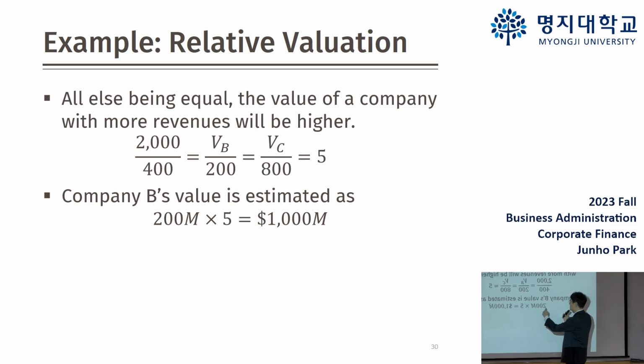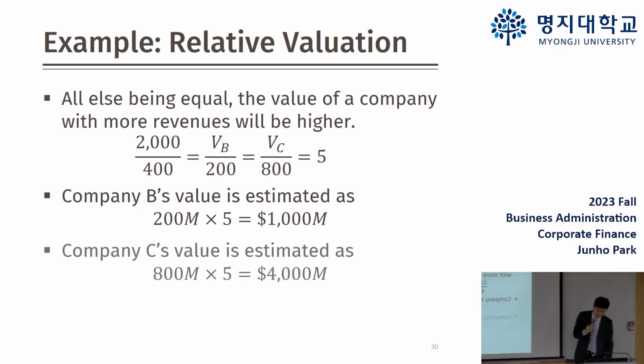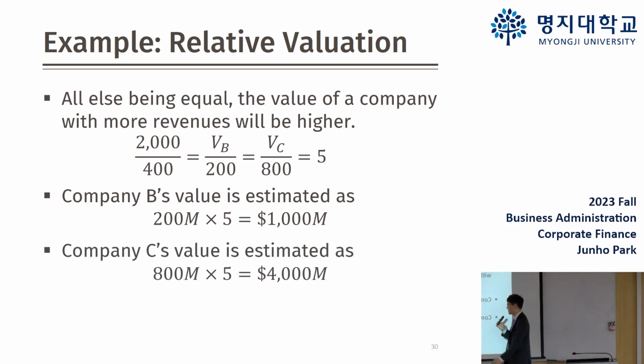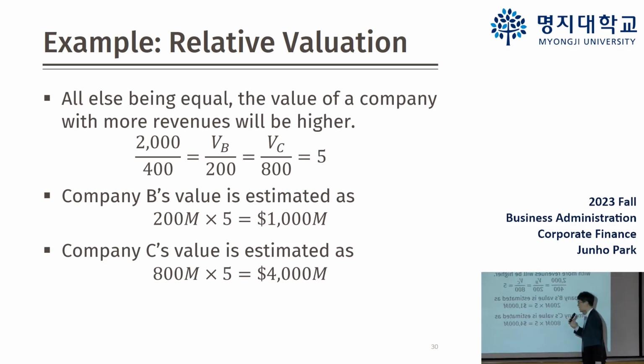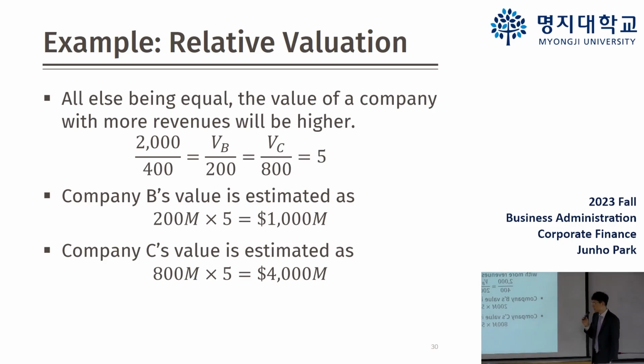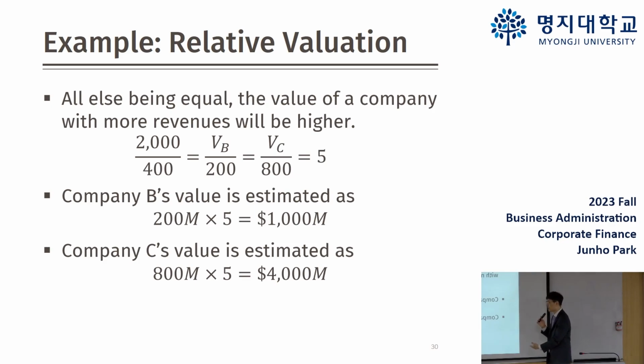So company B's value should be its revenue, 200, times 5, so it should be 1,000. And company C should have 4,000 as its value because its revenue was 800, and then we multiply by 5 to obtain the value. So this is the basic idea in relative valuation.